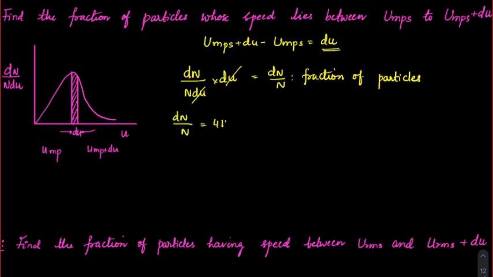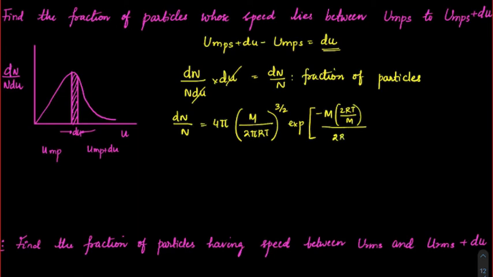is equal to 4 pi into m by 2 pi rt whole raised to power of 3 by 2, exponential of minus m into 2 rt by m divided by 2 rt into 2 rt by m into du.